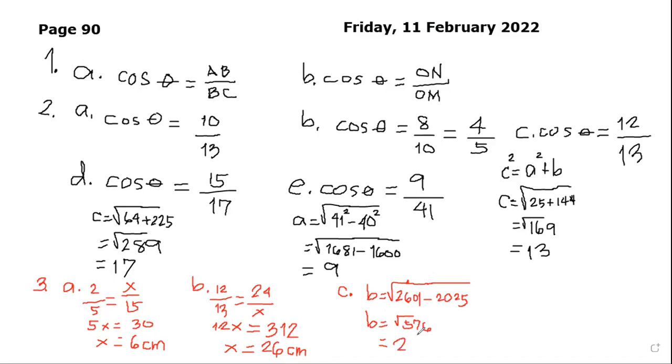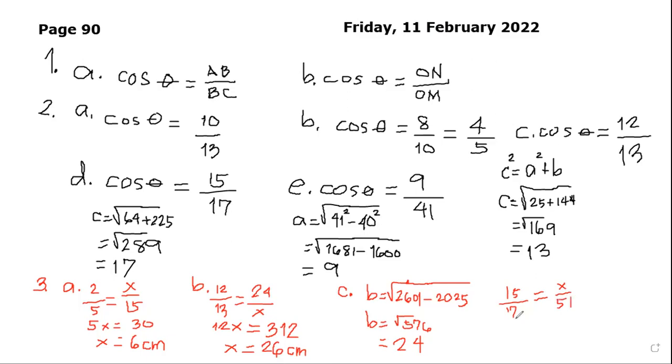All right. So we have 2 minutes more. To get the value of x, use the cosine. The cosine given is 15/17 equals the adjacent side x over the hypotenuse 51.